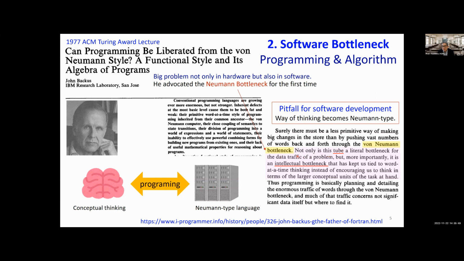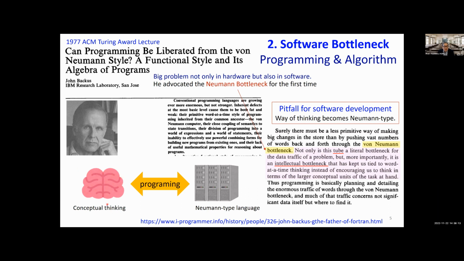So this shows the hardware bottleneck, but more importantly, it is an intellectual bottleneck that has kept us tied to a word-at-a-time way of thinking instead of encouraging us to think in terms of the larger conceptual units of the task at hand. So this is the bottleneck between a Neumann-type computer and the brain in the way of thinking.